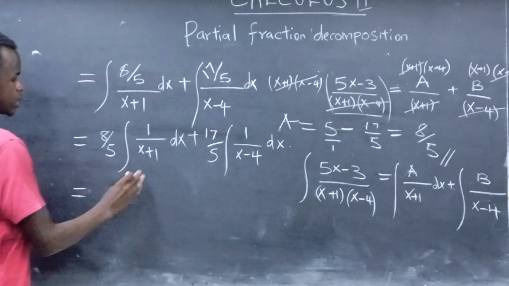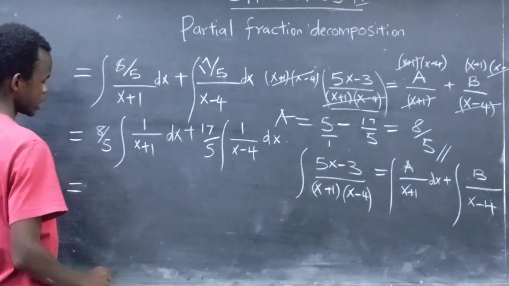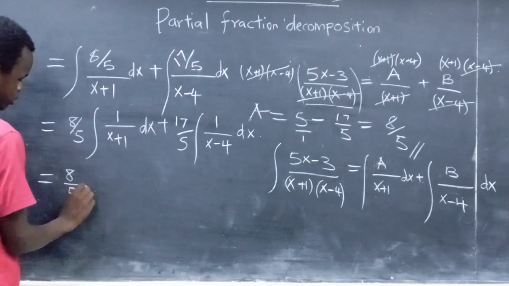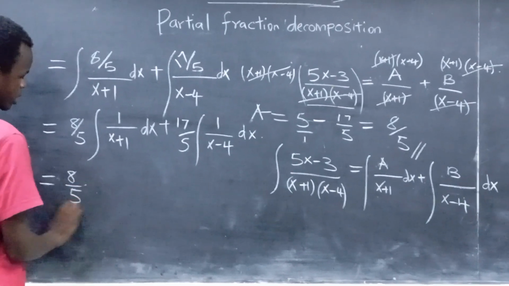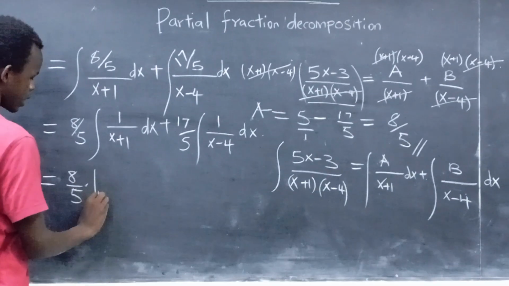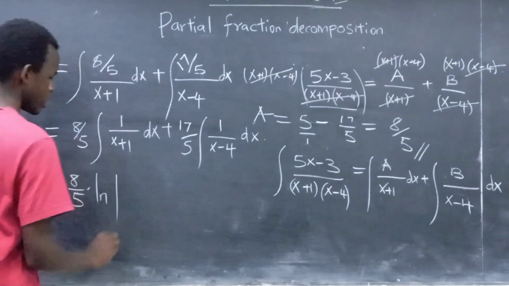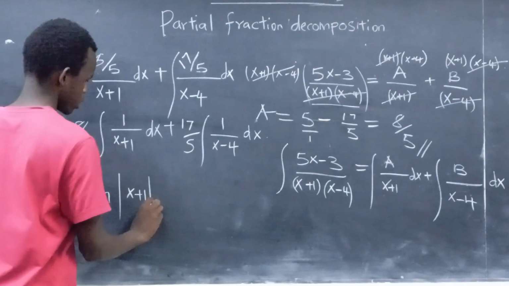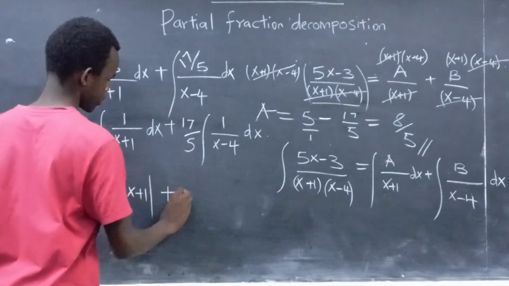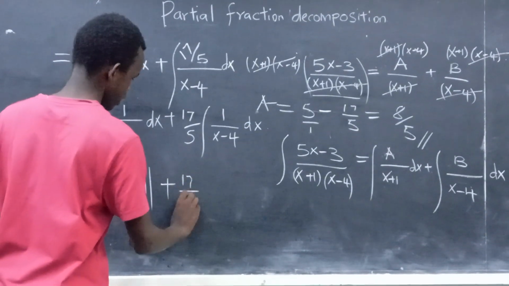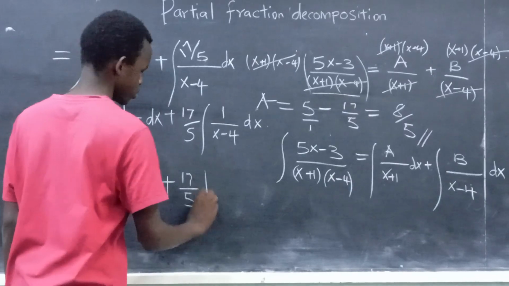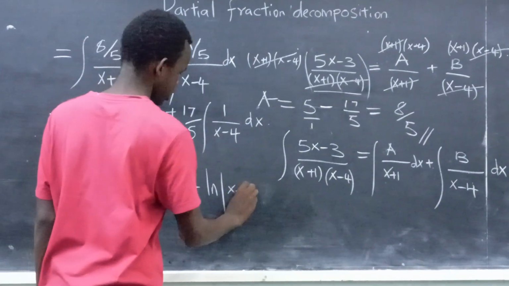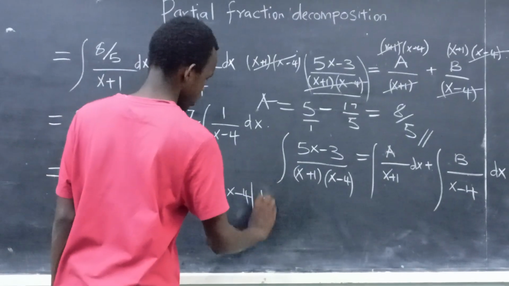In finding the integral, I'll write 8 over 5 multiplied by the ln of the absolute value of the denominator, x plus 1, plus 17 over 5 multiplied by the ln of the absolute value of the denominator, x minus 4. Then I'll add my constant c.